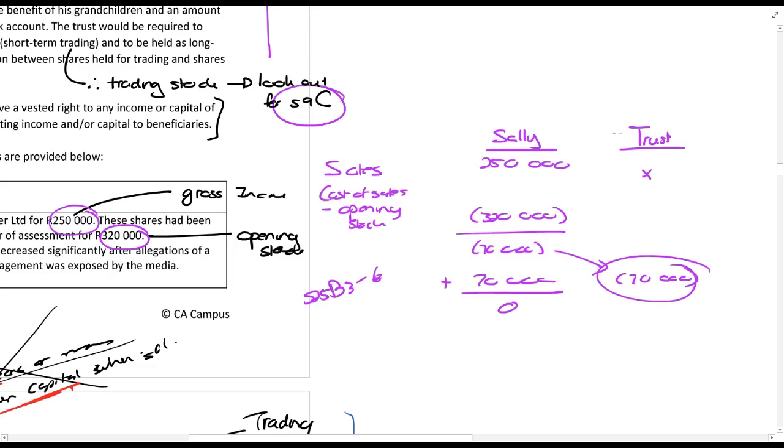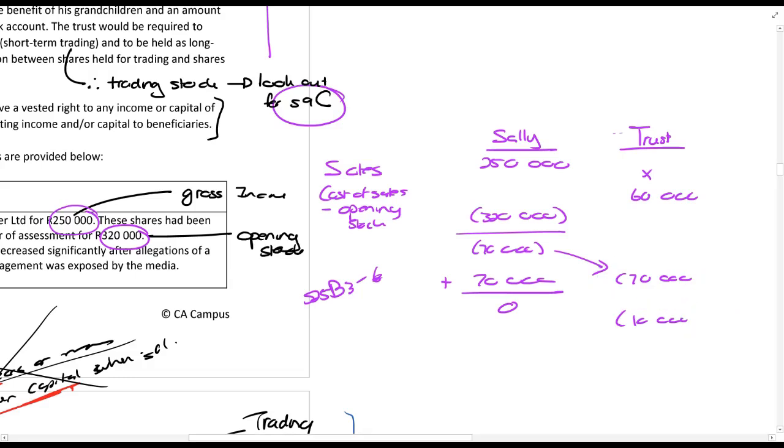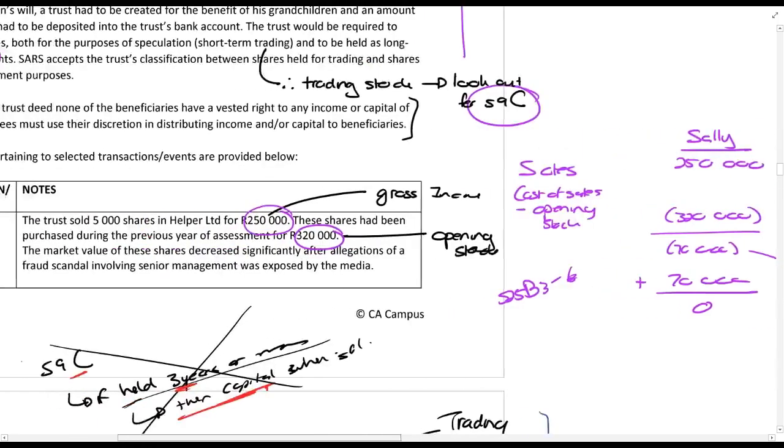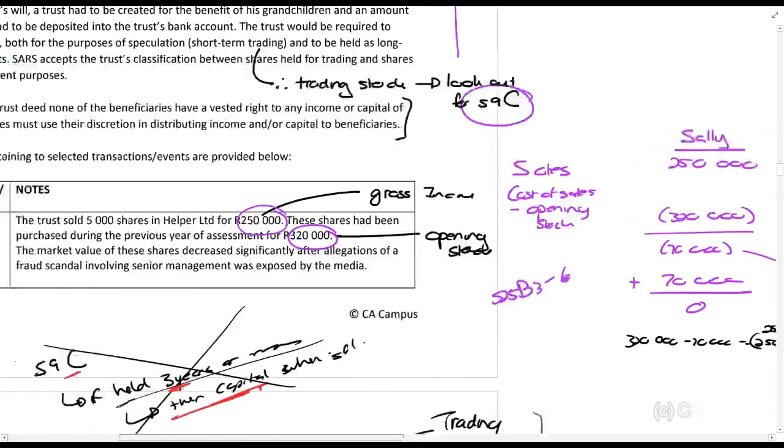Now there's another rule that says if the trust has income, let's say of 60,000, and then that's a loss of 10,000, that 10,000 must be taken to Sally again, but only in the next year. But it's obviously not as common to see. So that's basically what will happen in this case. So understand that her total deductions are actually 320 minus 70, so 250. So she will have a deduction of 250, and she'll also have income of 250. And the trust will just have a deduction of 70.